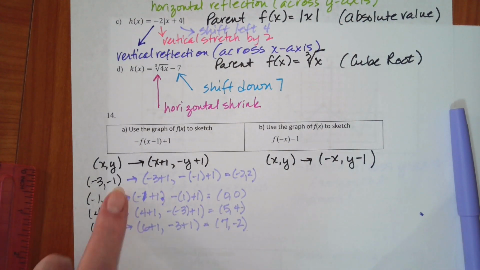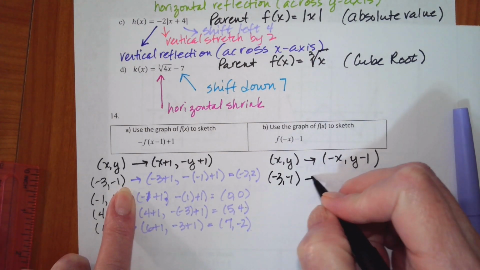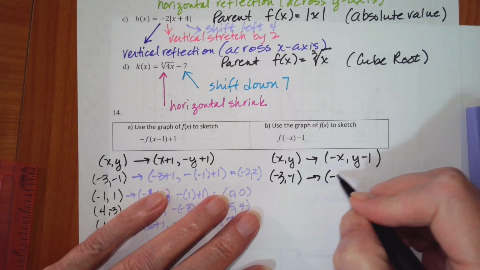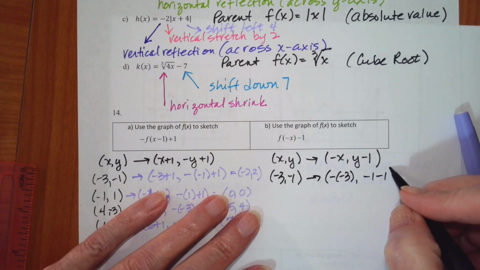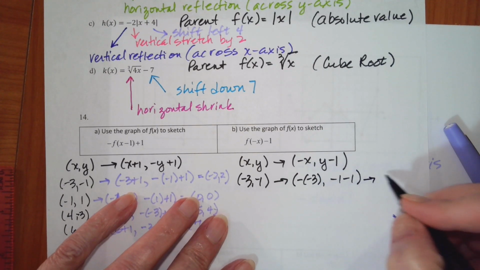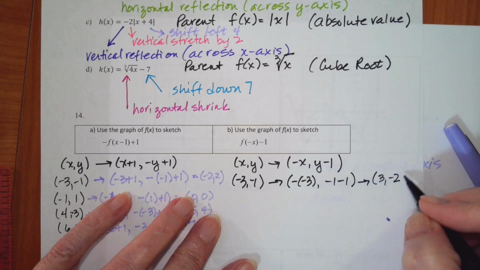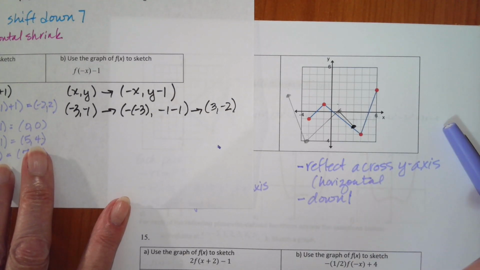So here, my -3, -1 is going to become the opposite of -3, and then -1 minus 1, which becomes 3, minus 2. So there's the point 3, -2. So that one worked.